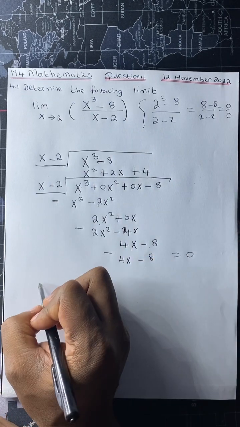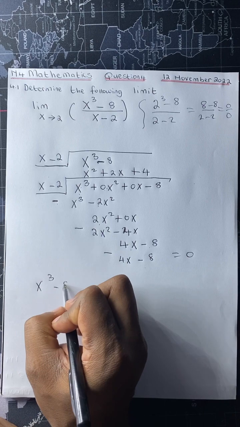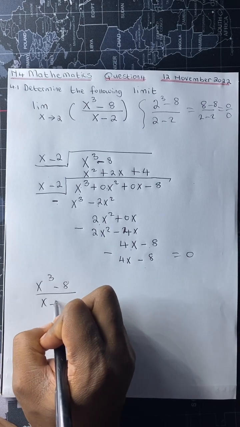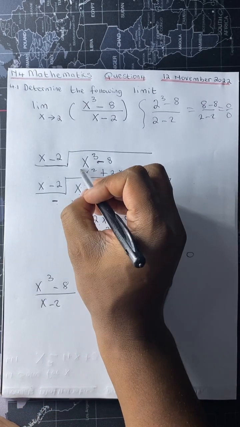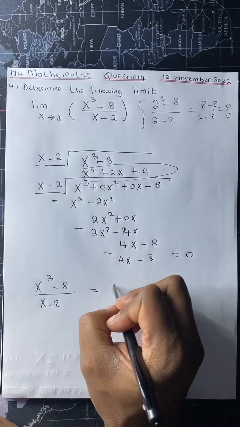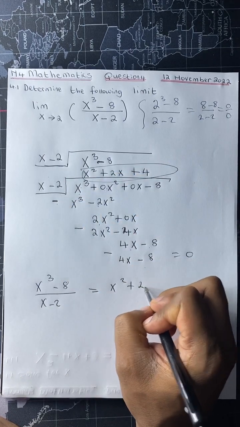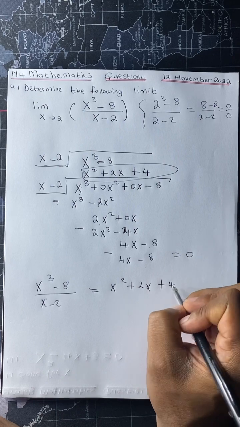So x cubed minus 8 divided by x minus 2 will be equal to x squared plus 2x plus 4.